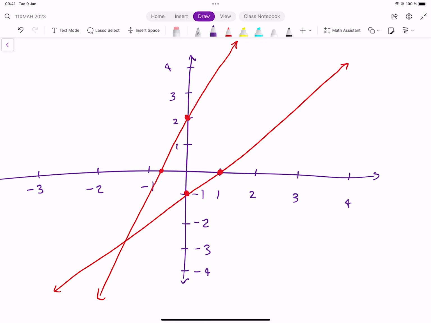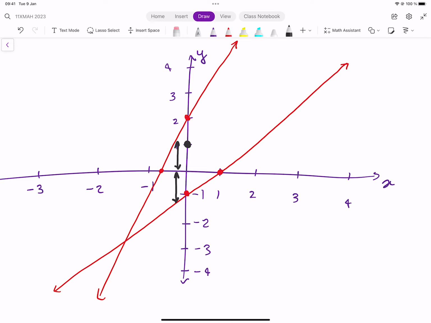So, we can see that if we look along the y-axis, and I should draw y and x, here we've got minus 1, here we've got positive 2, and if we plus those together, we get positive 1. Okay? If we look, say, I reckon about here and here, they look like they're the same distance from the y-axis.